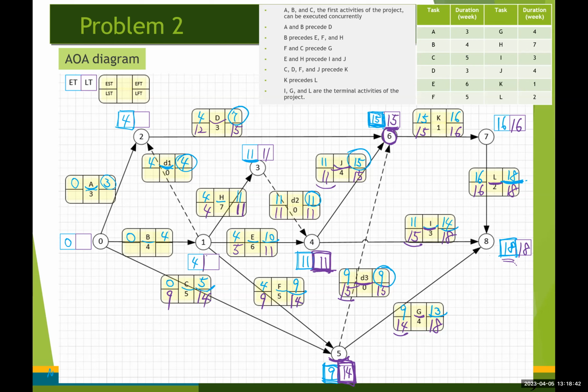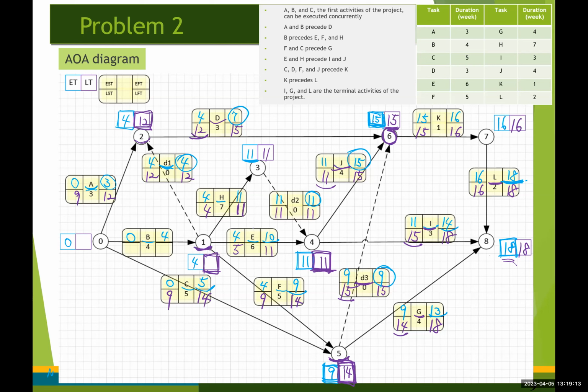We cannot determine the latest time for event number 1 because we didn't do that for event number 2 yet. So first, you need to determine the latest time for event number 2. That's going to be 12 from here, right? And then we have 12 minus 0, 12. 12 minus 3, 9, right? Now we are ready to determine the latest time for event number 1.